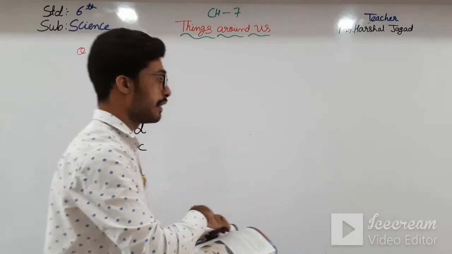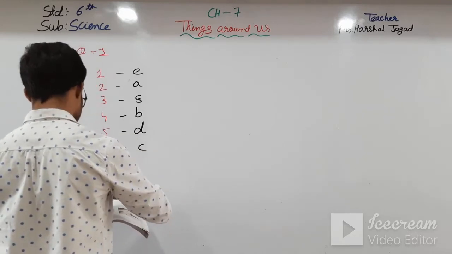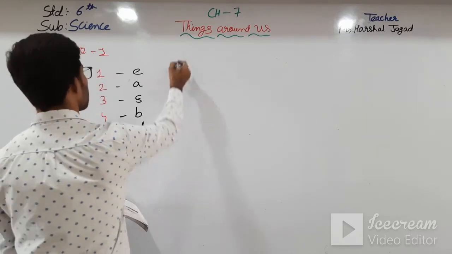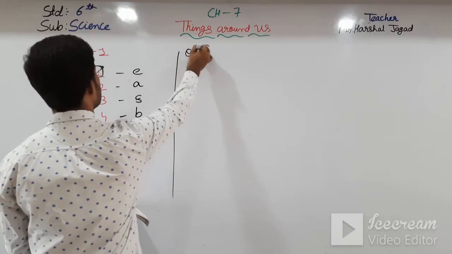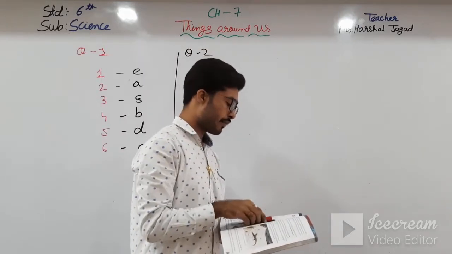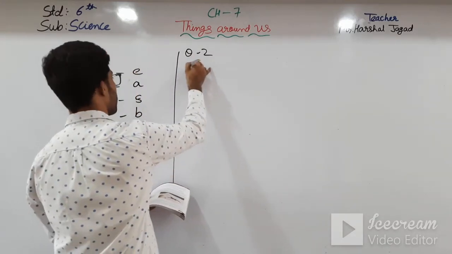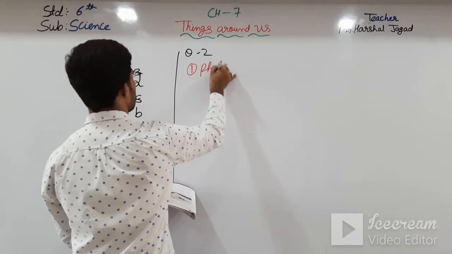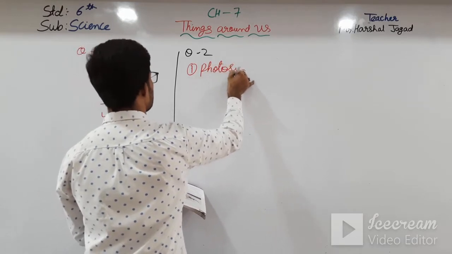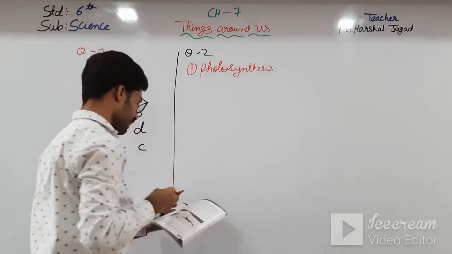Okay students, question number 2 is name the following. The process by which green plants make their own food is the photosynthesis process.